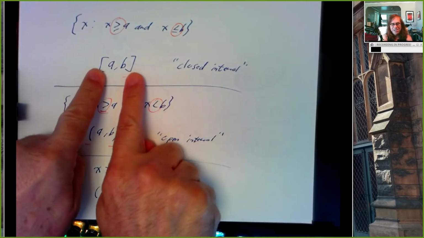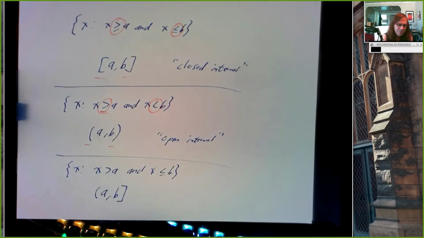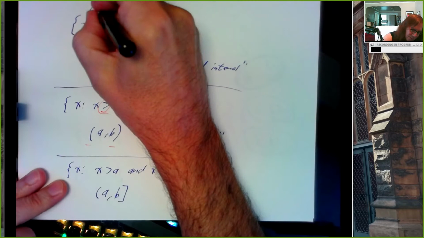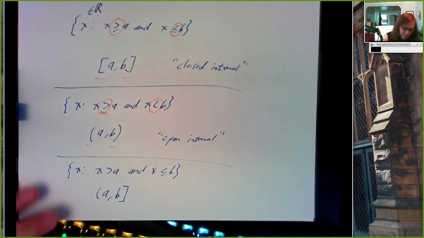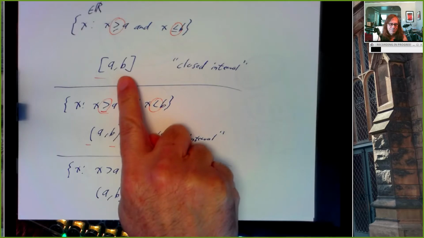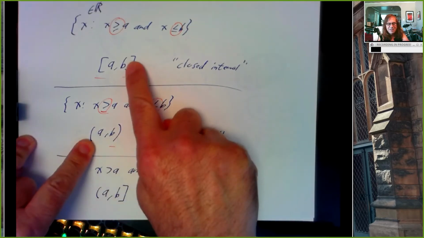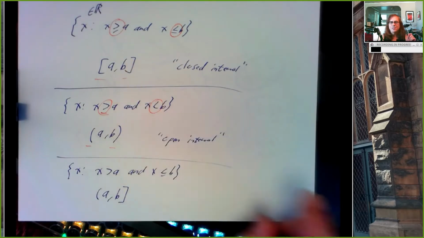But this is a set, right? If we think of this as being things contained in the real numbers, this is a set with an infinite number of things in it. And so is this. But this looks exactly like that, except we've tossed out a and b.